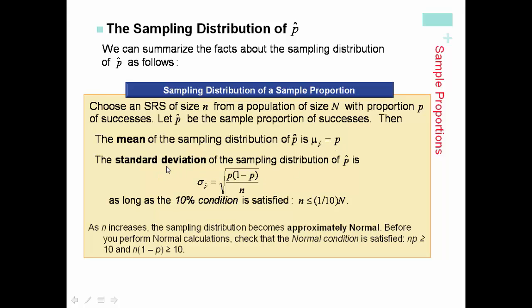The standard deviation of the sampling distribution of p hat is the square root of p times 1 minus p over n, as long as the 10% condition is satisfied. So remember, that means that you have to have n less than or equal to 1/10 of the population. As n increases, the sampling distribution becomes approximately normal. Before you perform it, you have to check the normal condition, np greater than or equal to 10, n times 1 minus p greater than or equal to 10.